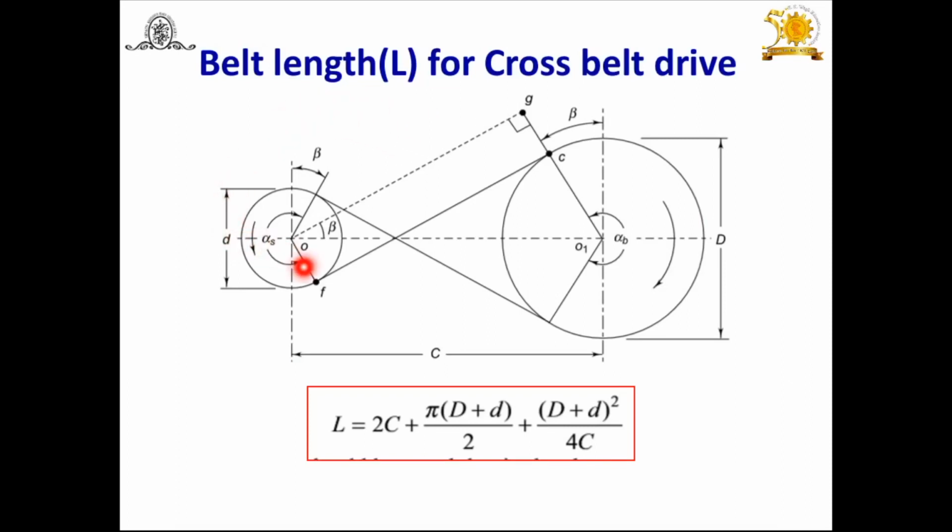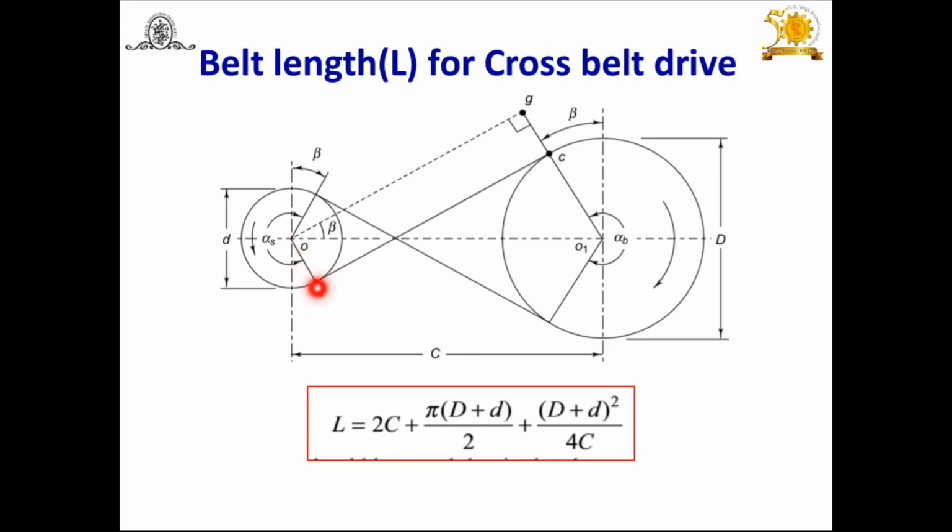Now in cross belt drive, you will find the direction of rotation of the driving pulley and driven pulley. In this case, the driving pulley rotates in anti-clockwise direction and the driven pulley rotates in clockwise. They are in opposite directions. The belts cross here, and we can carry out the same analysis like the open belt drive.